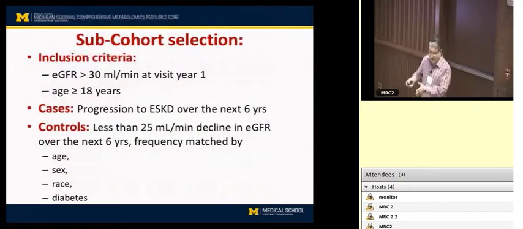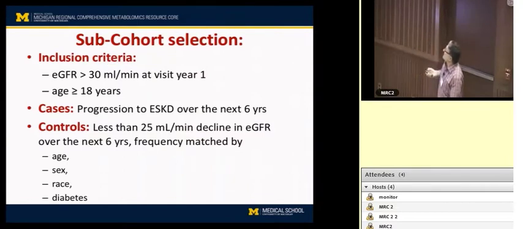So from that cohort, almost 4,000 cohort, we went ahead and selected 200 patients. The inclusion criteria were we wanted to not be so low with eGFR, so we included eGFR of greater than 30 at baseline in patients aged 18 years and older, and defined a case as a group of patients who progressed to end-stage kidney disease needing initiation of dialysis in the next 6 years.